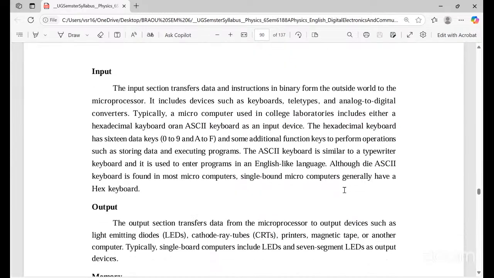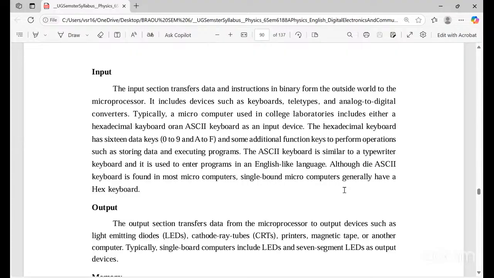What does input mean? The input section transfers the data and instructions in binary form from the outside world to the microprocessor. It includes keyboards, teletypes, and analog to digital converters.